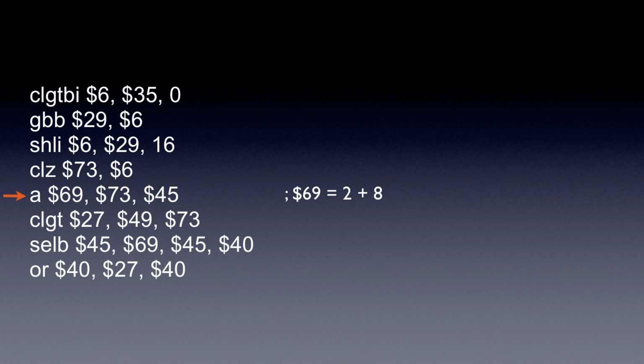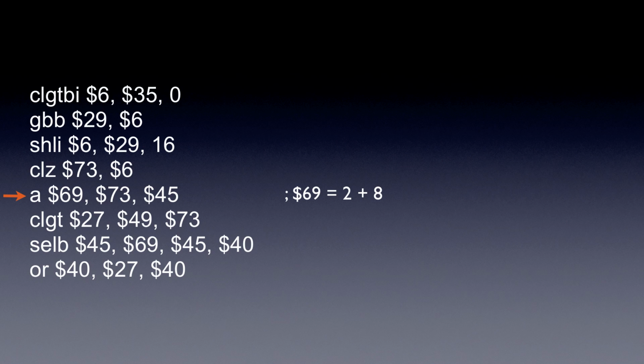In 73, that's the result of our CLZ, our count leading zeros. So that's essentially the length of this segment of the ray that we're looking at. And we're going to add it to what's in 45, which is the total count of the length on the previous iteration. Now I've written down 8. I didn't show you what happened last iteration, so I'm just making up numbers at this point.